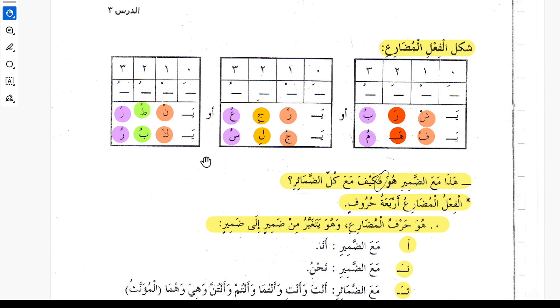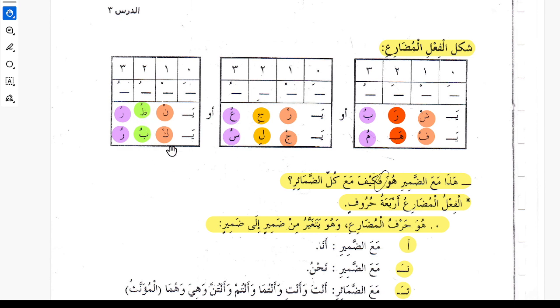But again, the first letter will have sukoon in all the verbs. First letter sukoon. The last letter will have the dhamma in all cases. But the middle letter of fe'l mudare can have fatha, can have kasra, and can have dhamma.